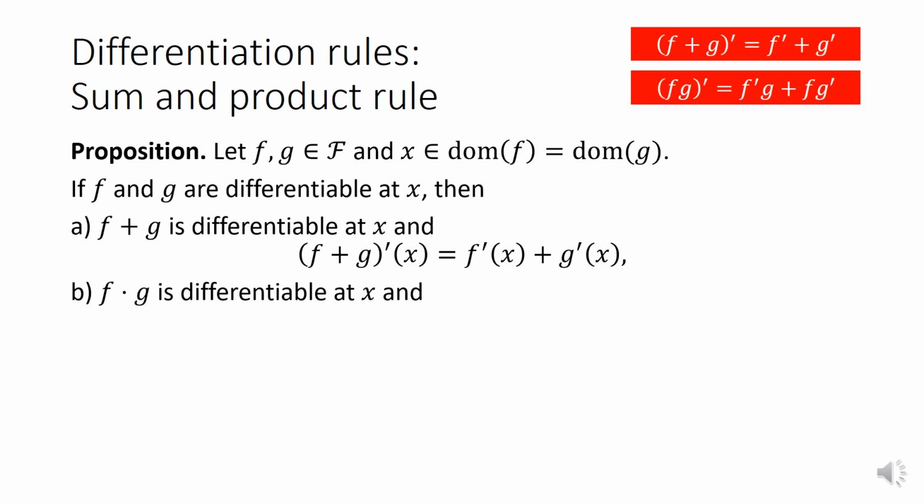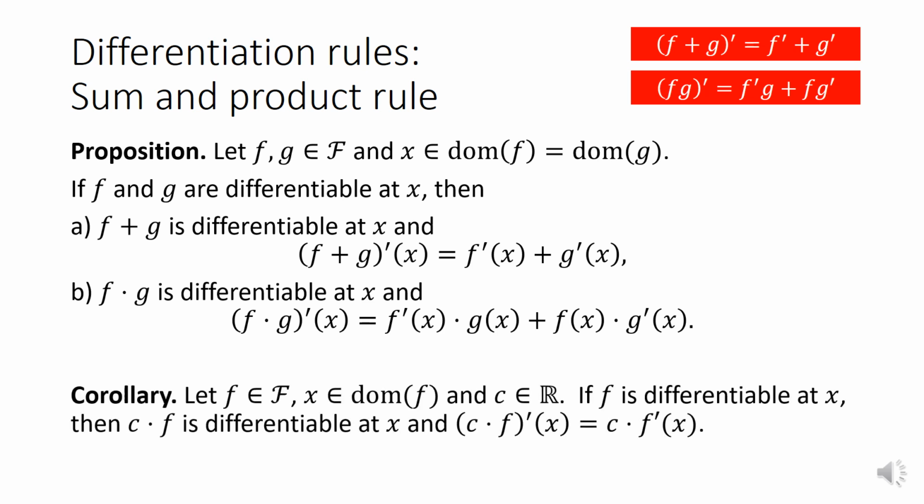The product rule is a little more complicated and tells us that the product fg is differentiable at x and the derivative is f prime of x times g of x plus f of x times g prime of x. If one of the two functions is constant, we obtain the following corollary from the product rule. The derivative of c times f is equal to c times the derivative of f. A constant factor c can be moved in front of the derivative.